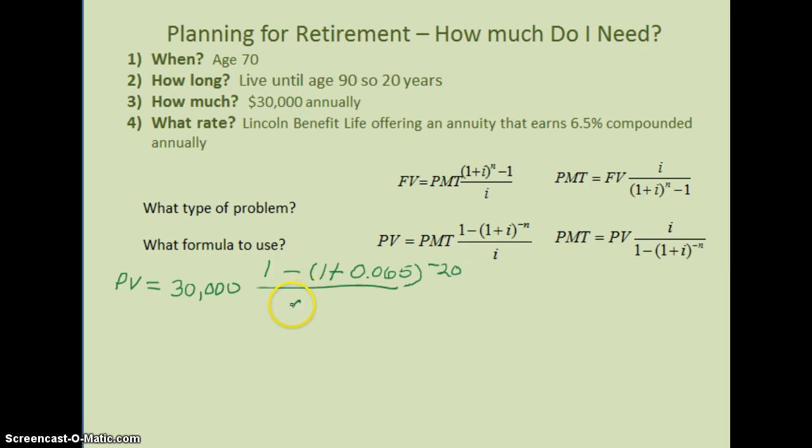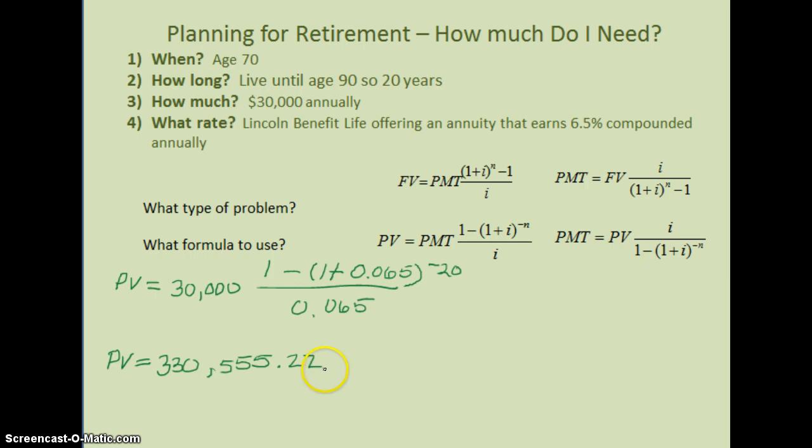All of our interest rate, 0.065. So again, I suggest you pause the video and put this into your calculator and make sure that you know how to get to the calculation. So we found that the present value, carefully following order of operations on our calculator, is $330,555.22. So that's how much we need in this account the moment we retire.